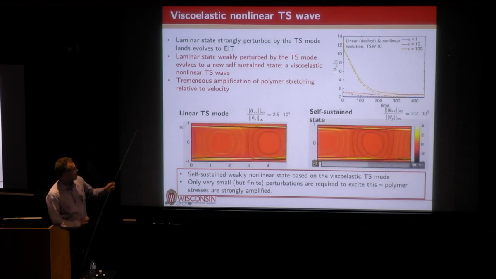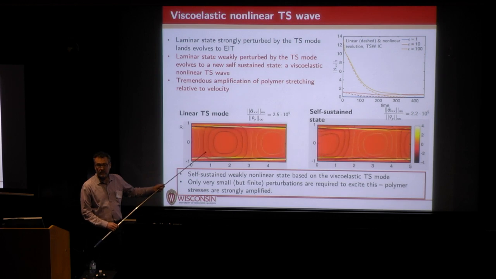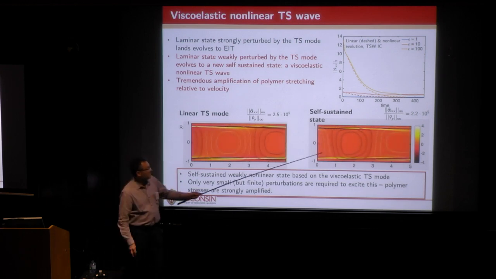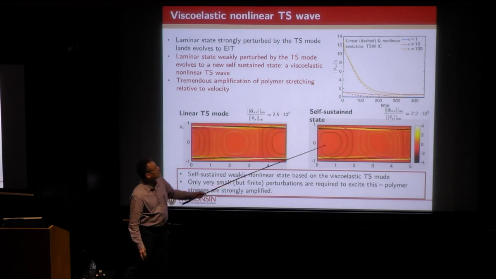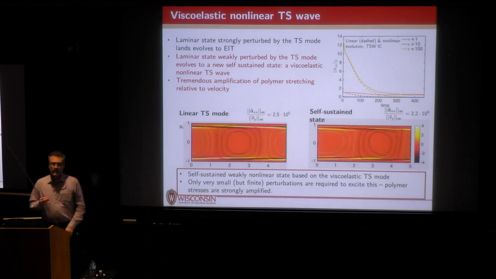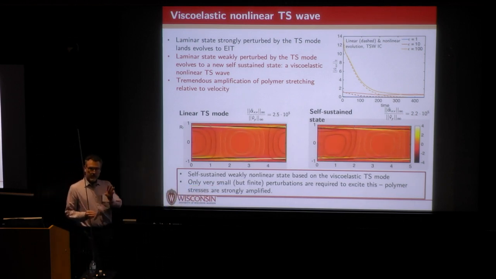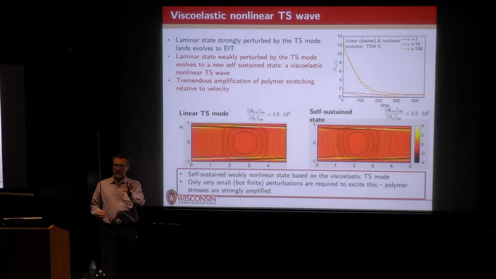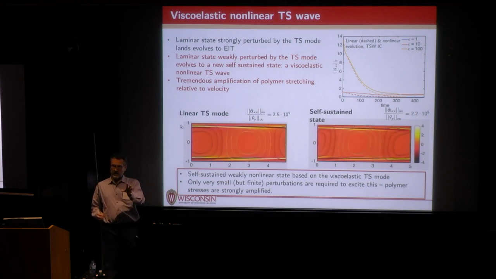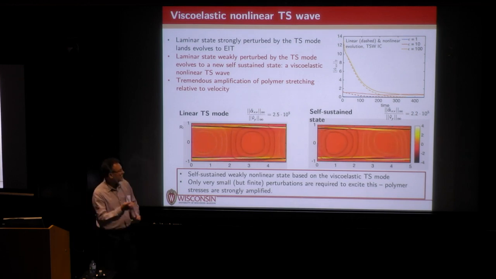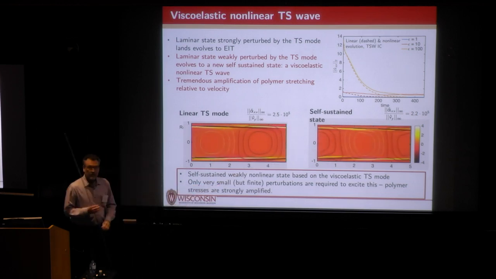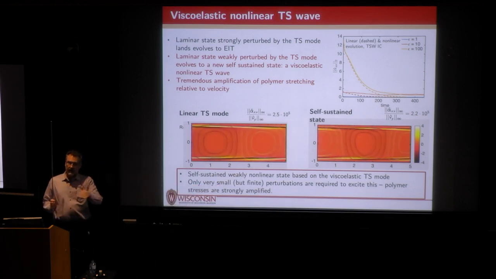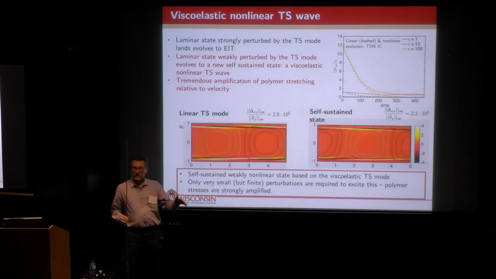So that's the linear Tollmien-Schlichting mode. This is the self-sustained nonlinear state in the viscoelastic case. And you can get to this just by tweaking the laminar state with the linear Tollmien-Schlichting mode. So there's a nonlinear self-sustained nearly traveling wave state here. It's a little bit non-periodic here, but it's clearly organized around the Tollmien-Schlichting wave structure.